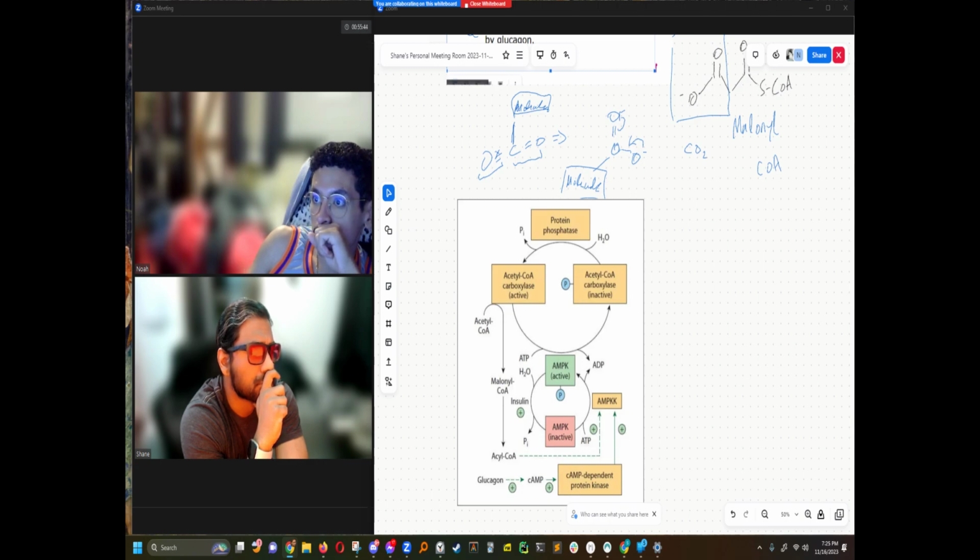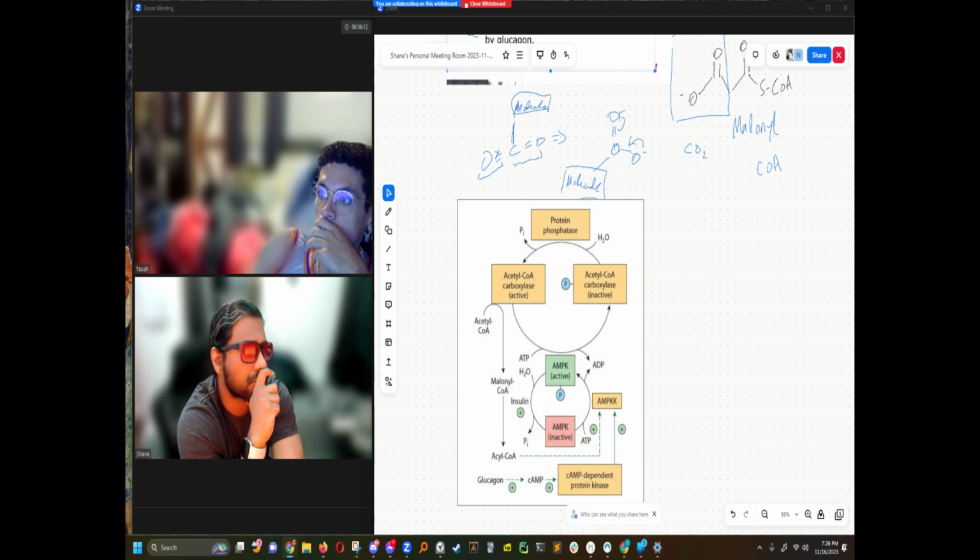Beta oxidation takes place in the mitochondria. The following osteoclast activity is upregulated by the parathyroid hormone. Okay. Steroid hormones are synthesized from amino acids. That's known. So, okay.